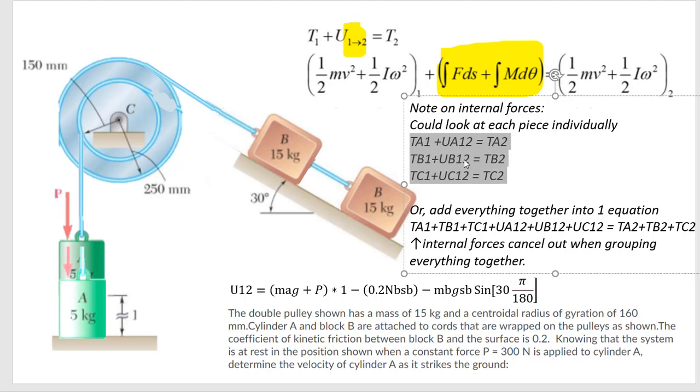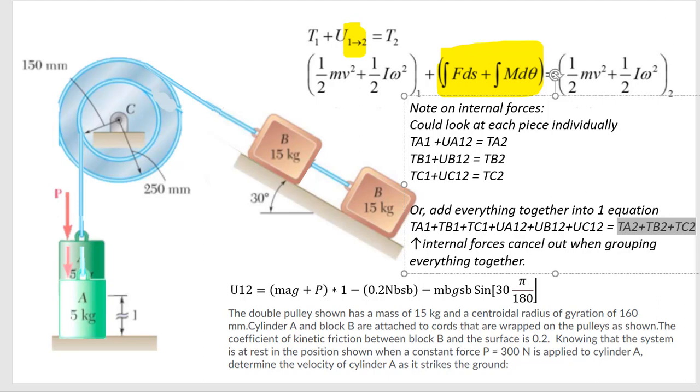If I take all of these equations and add them together into just one monster equation, so I'm looking at everything, all of the starting kinetic energies, all of the starting works, all of the ending energies, and I just put it all into one giant equation, I'm going to help myself by getting rid of internal forces.